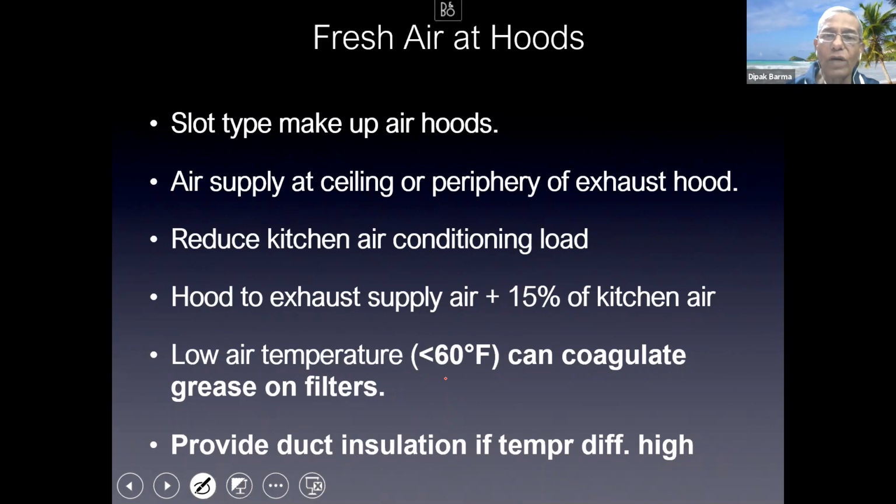So what we do is, in the hood itself, we make slot arrangements, or we may have separate arrangements for putting this in, for which different flow patterns are going to affect the flow pattern of the plume going into the hoods. So that's an area which is very, very important, and how it has to be worked out is again a matter of a lot of detailing, and we must do it properly.